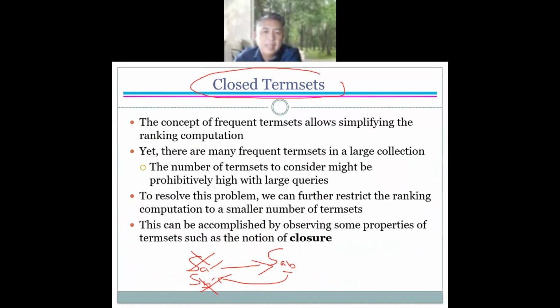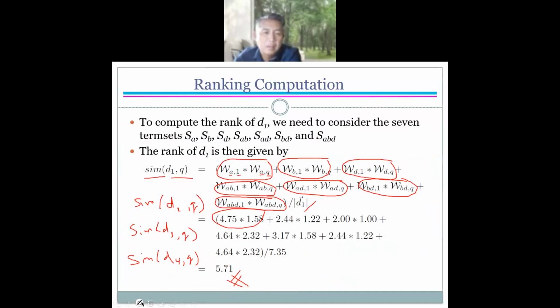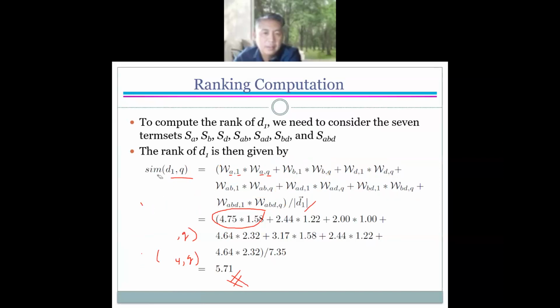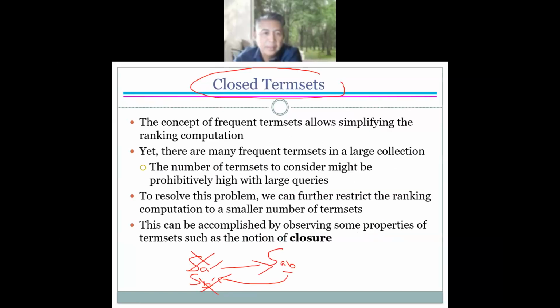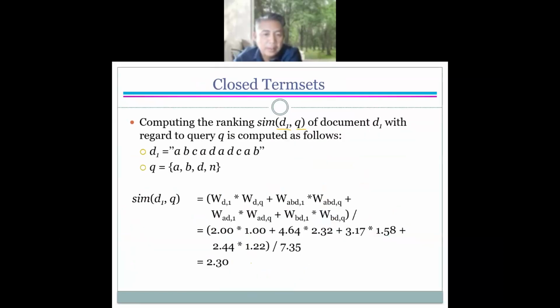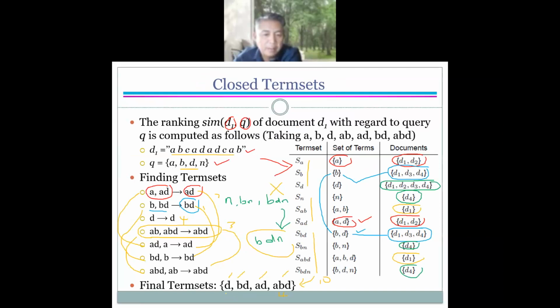So that means in our previous calculation here, let me erase. So this is the final terms that we have: D, BD, AD, and ABD.